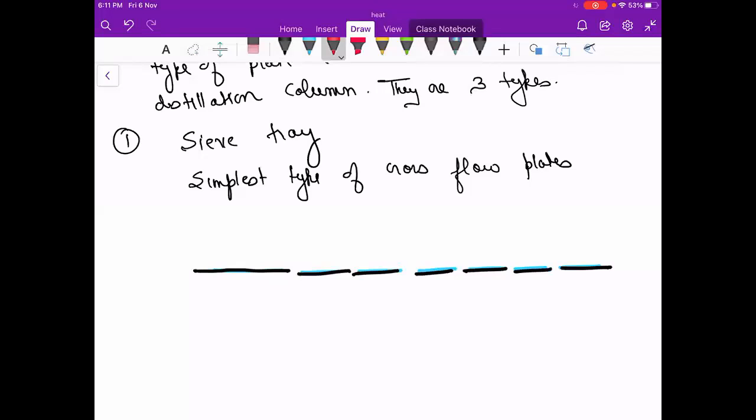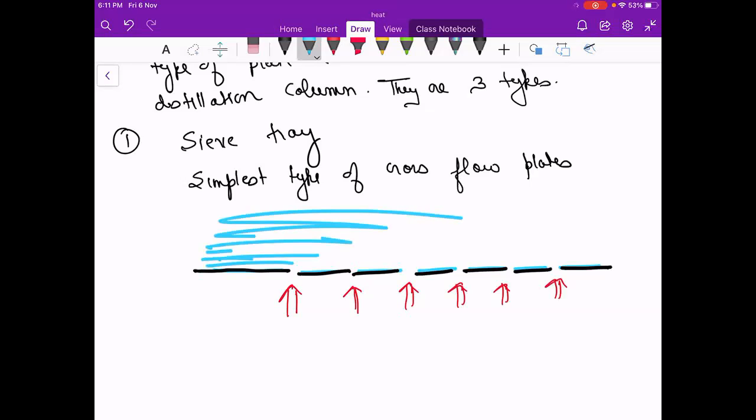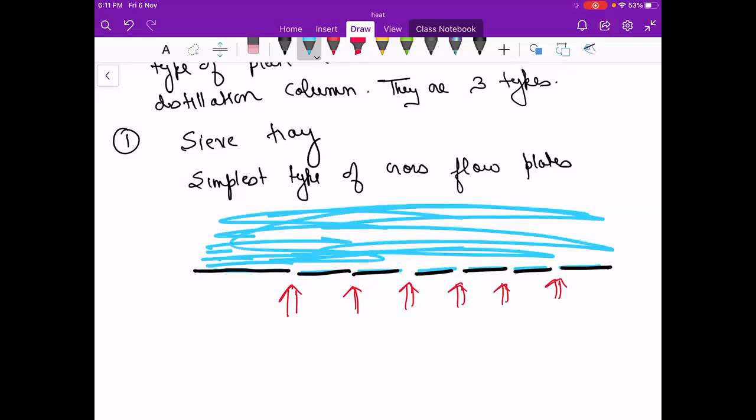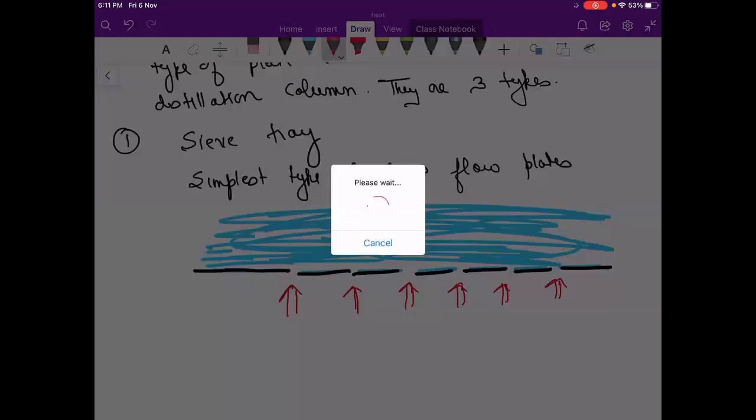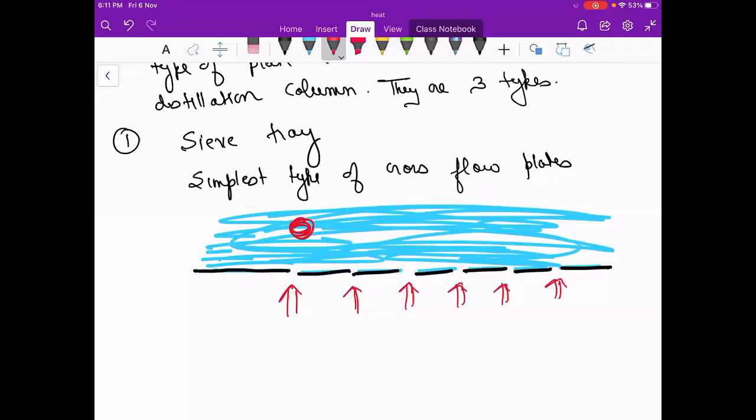From the gap the vapors will go up, and the upper part is totally filled with the liquid. So the gas will go up, and there will be contact of the gas here. These are the gas molecules, so they will come in contact with the liquid.